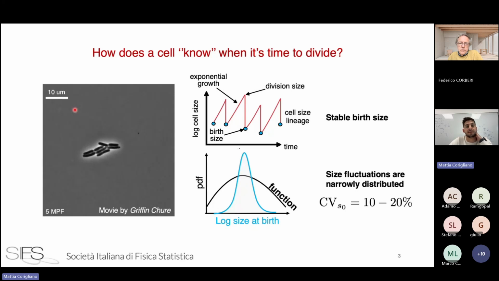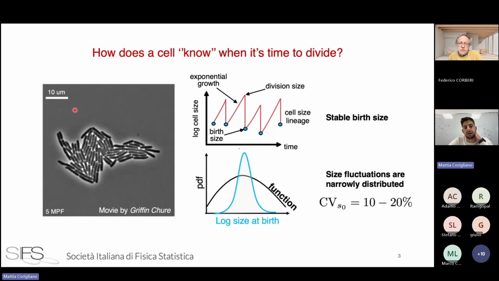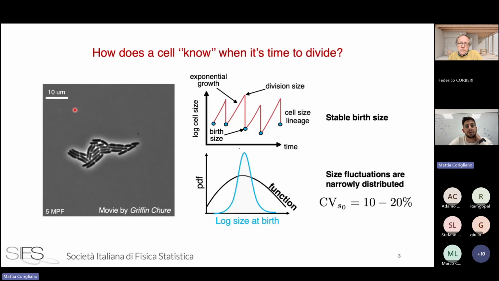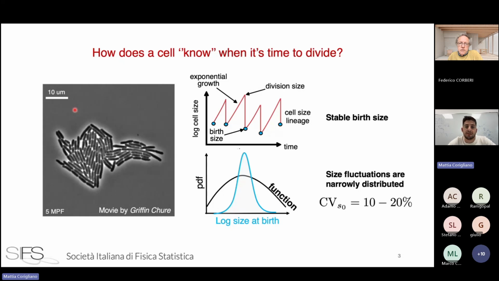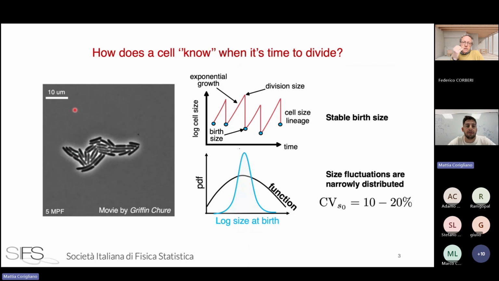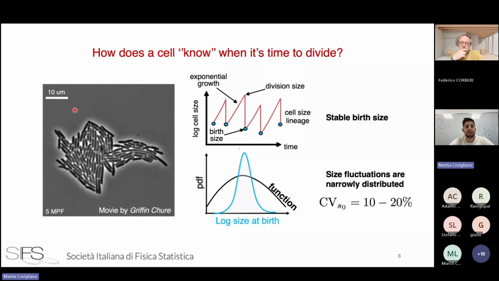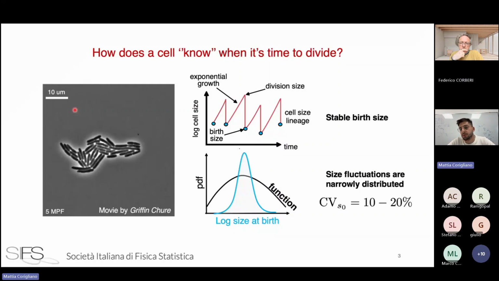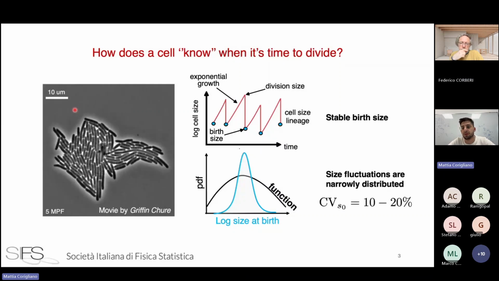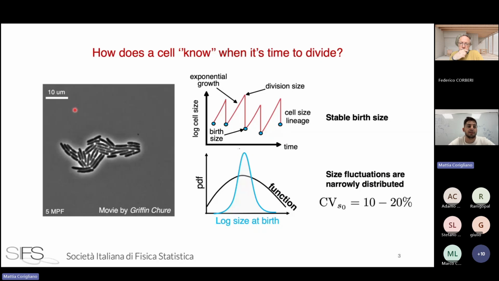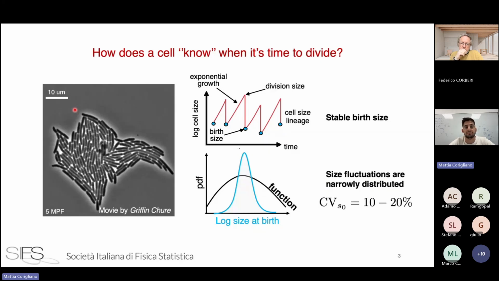So cells tend to maintain a stable cell size as they continue to grow and divide over time. Not only that, but they also control their distribution of cell size, which is narrowly distributed with typical fluctuation of about 10 to 20% around the mean. And this is thought to be essential for their behavior, basically.